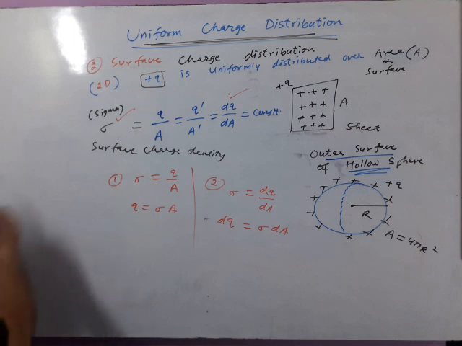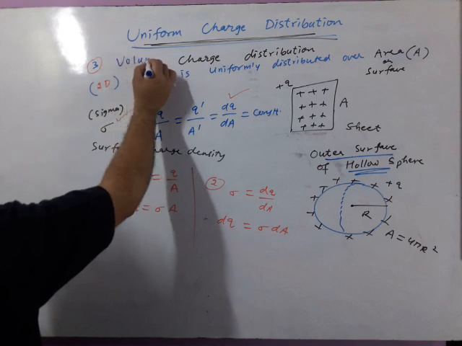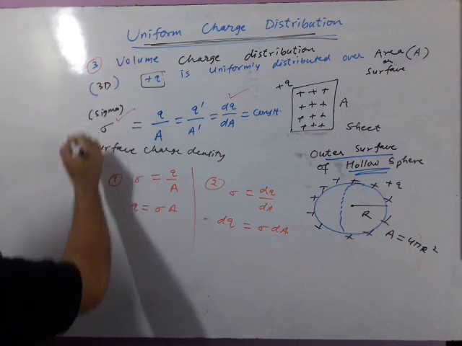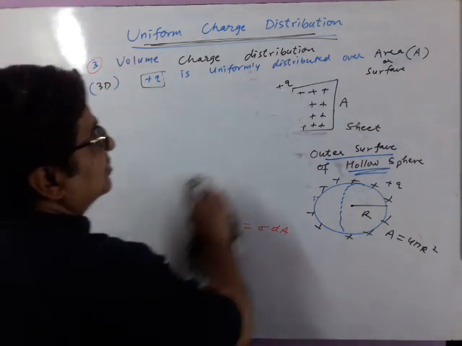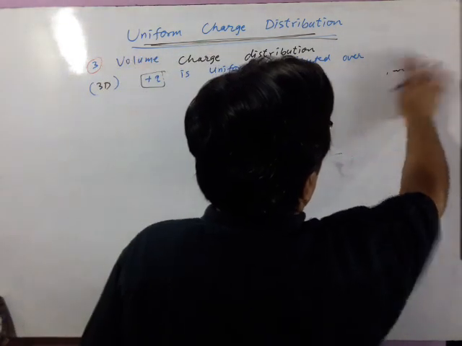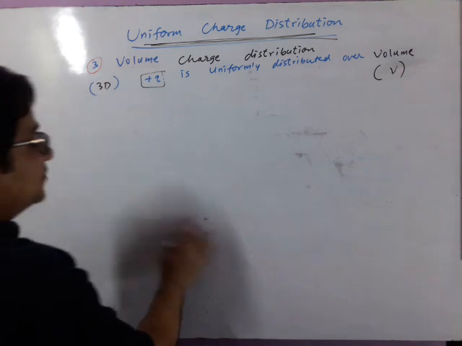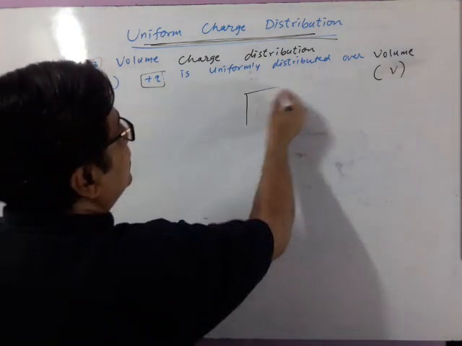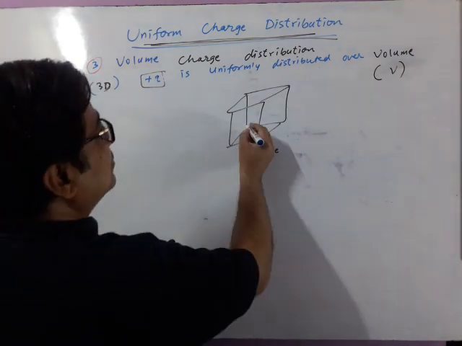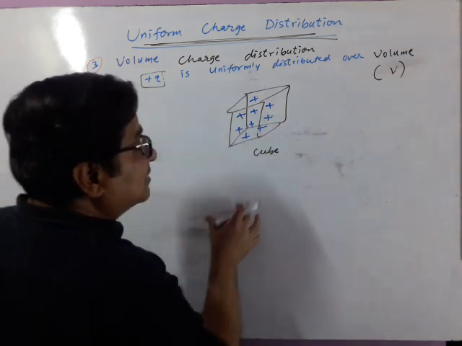Third type of distribution is called volume charge distribution. This is for three dimensions. Then we say total charge is uniformly distributed over volume. Now this is for three dimensional geometries, like this cuboid or cube, in which plus q charge is contained within the material, within three dimensional space.